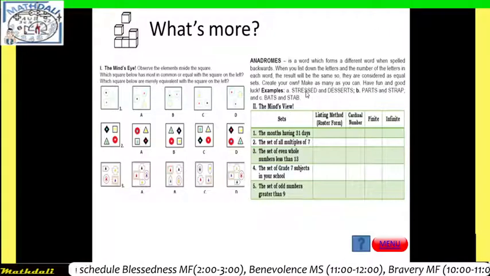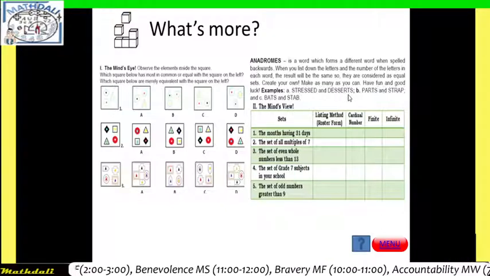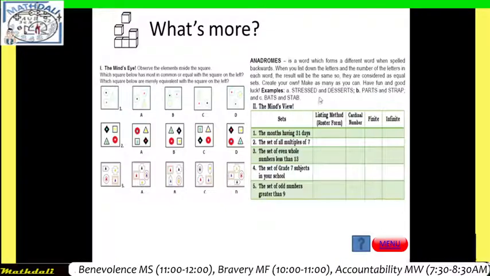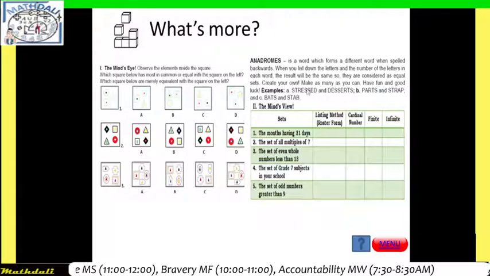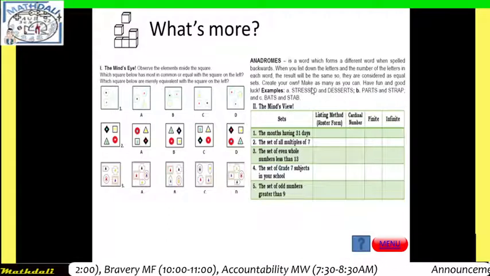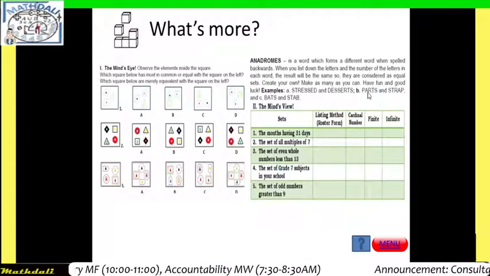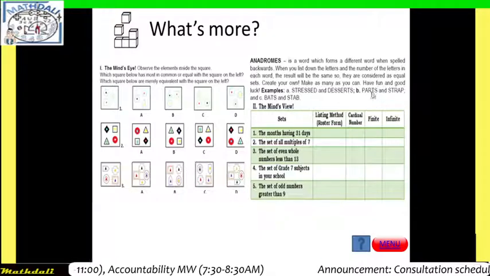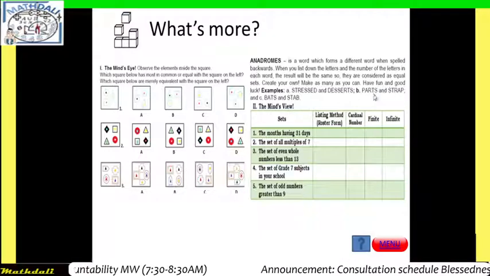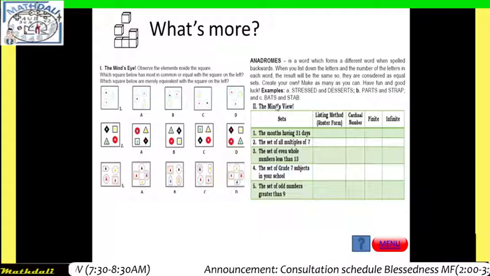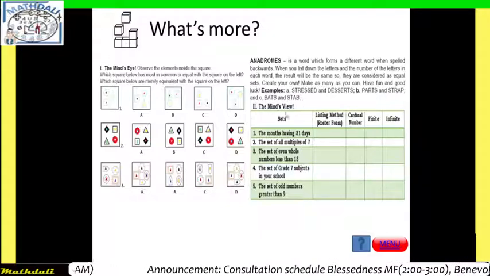So kung mapapansin niyo kung ano yung mga letters dito, yun din yung makikita dito. Pinaliktad lang yung spelling. So this is considered as equal set. Yung equal set sa equivalent set, tuturo ko sa separate video ko. Then we have letter B, parts and straps. Pabaliktad lang po. Then we have bats and stubs.